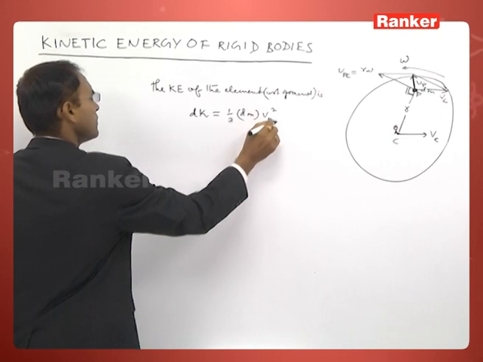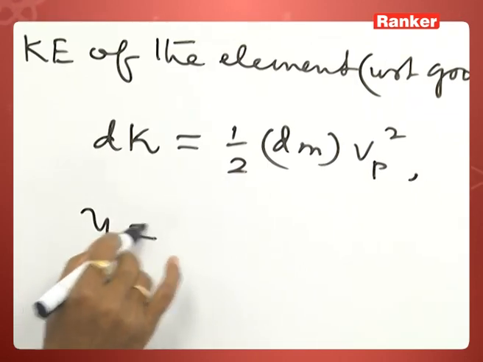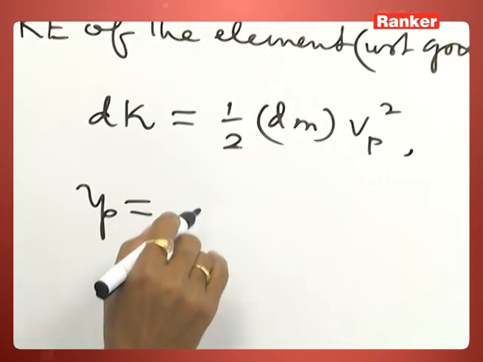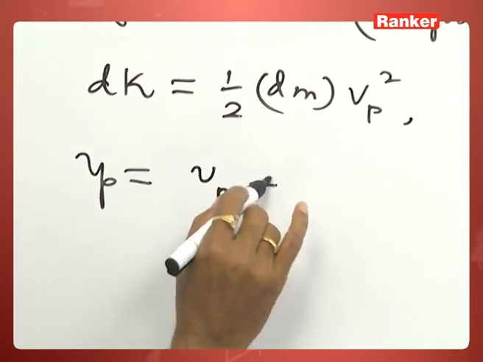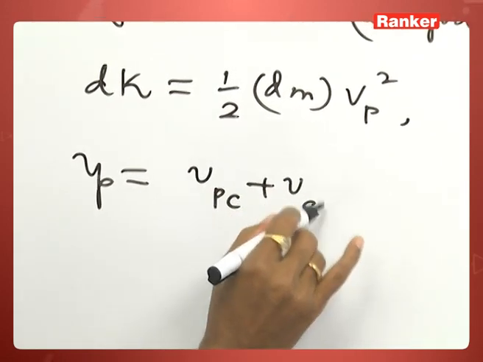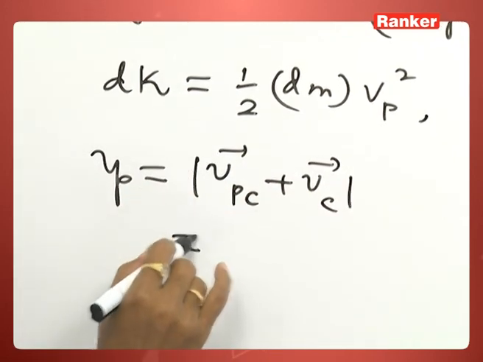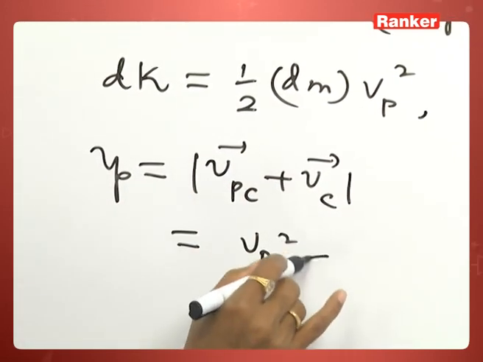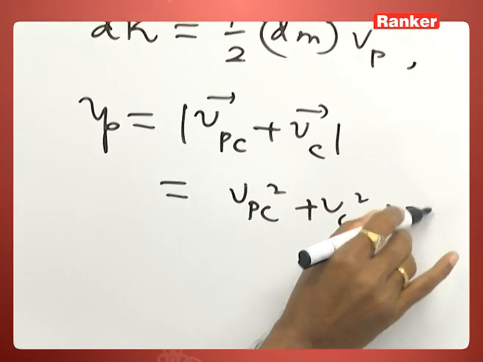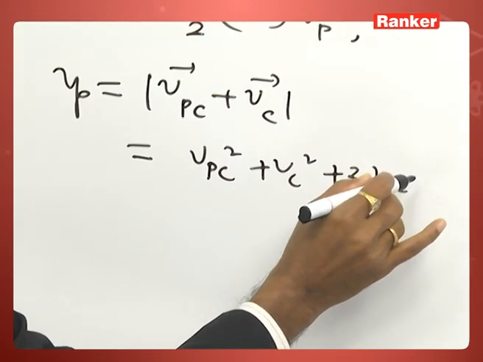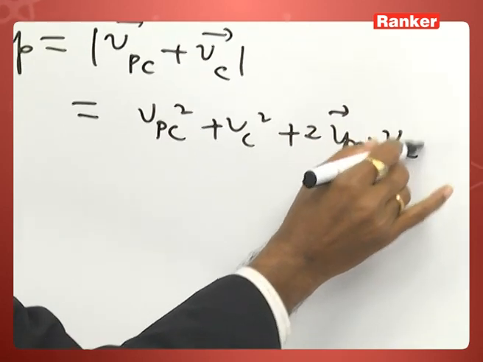The velocity of this point, according to the Galilean transformation of velocity, is equal to Vpc plus Vc. Squaring, this is equal to Vpc square plus Vc square plus 2 Vpc dot Vc.